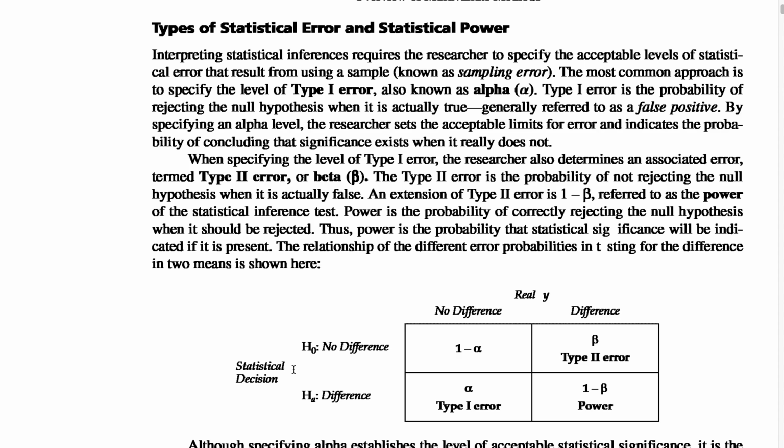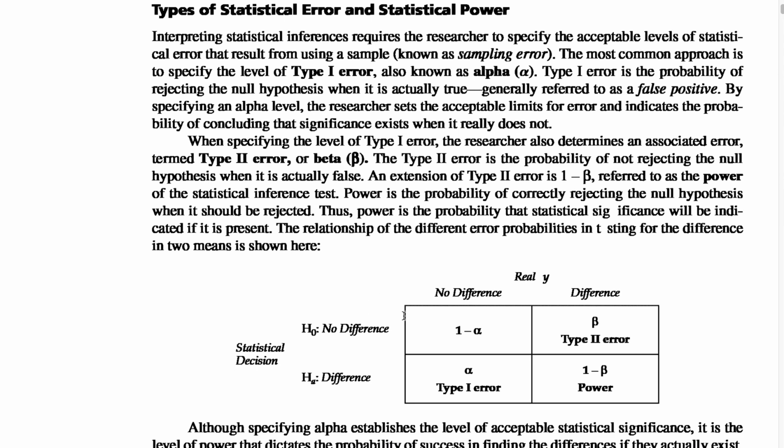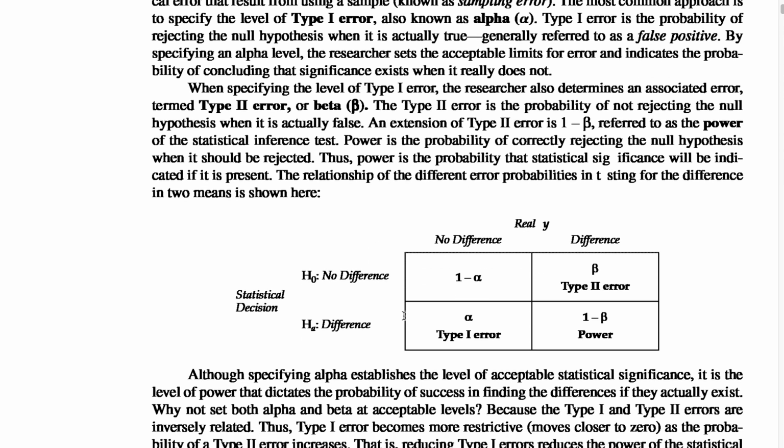Power is the probability of correctly rejecting the null hypothesis when it should be rejected. Thus power is the probability that statistical significance will be indicated if it is present. The relationship of the error probabilities and the setting for the differences in the two means is shown here.